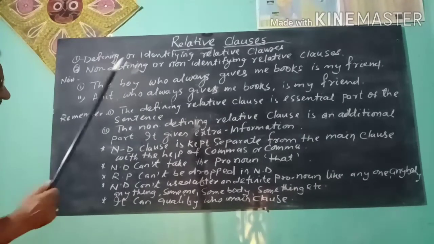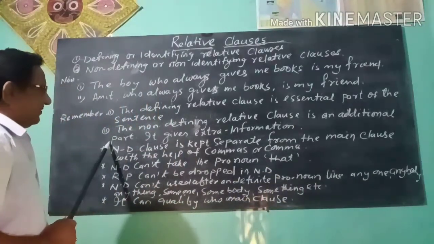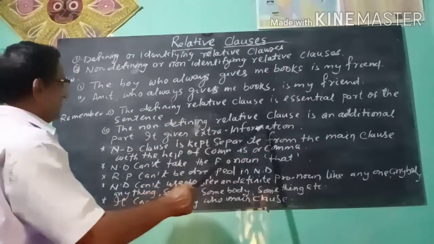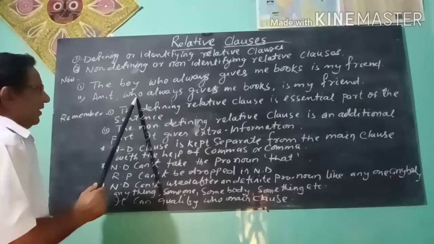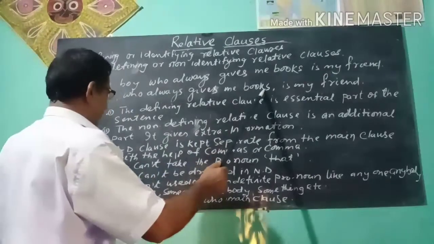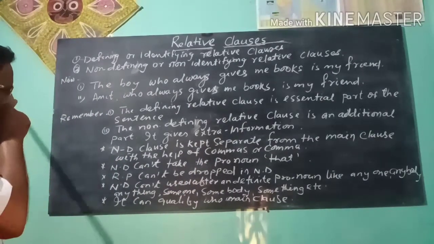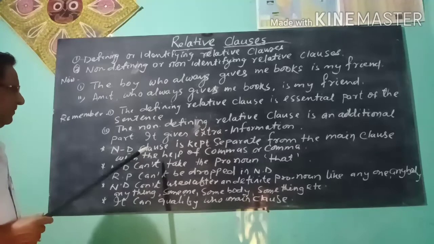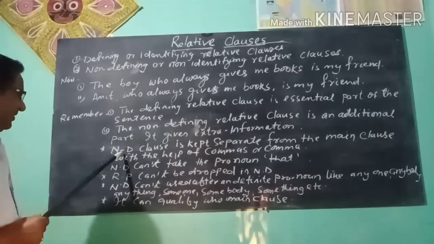But the non-defining relative clause is an additional part. It gives extra information, like the relative clause who always gives me books. We should know some important things to remember.